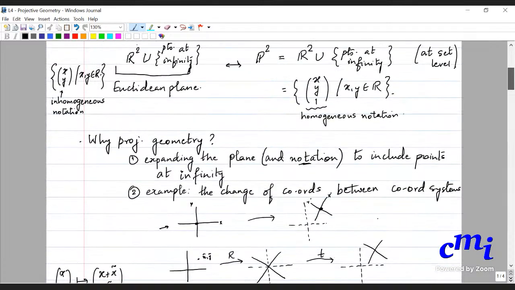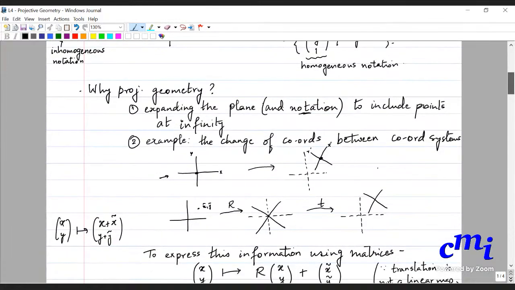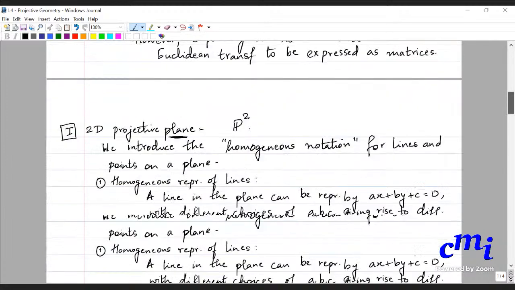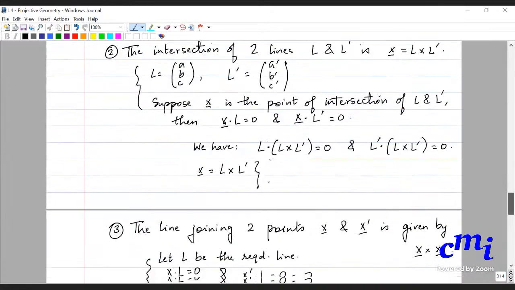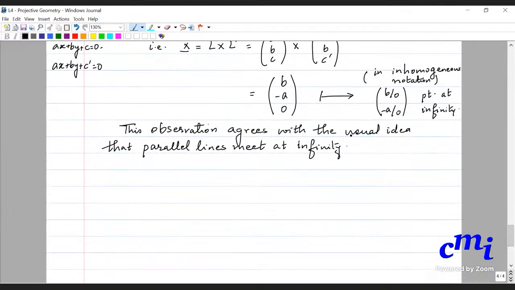So you need an expansion of notation. Expanding your notation from R2 to P2 takes care of both these things. Okay, so I hope I provided you some motivation and some basic understanding of what we are doing here. Definitely you will have to go through this once or twice more till you get a bit comfortable.